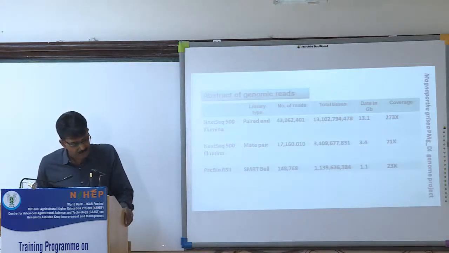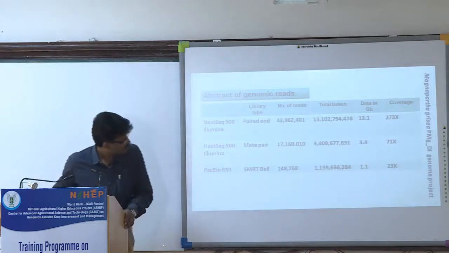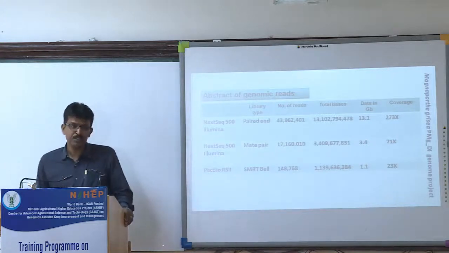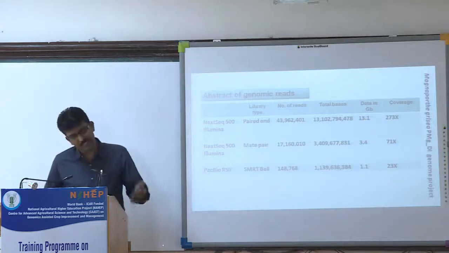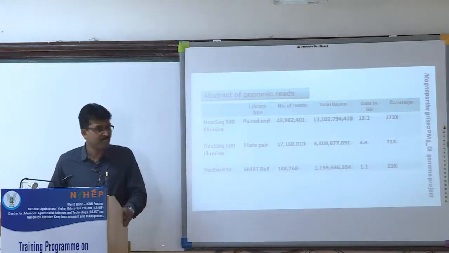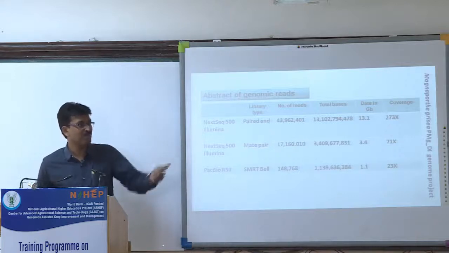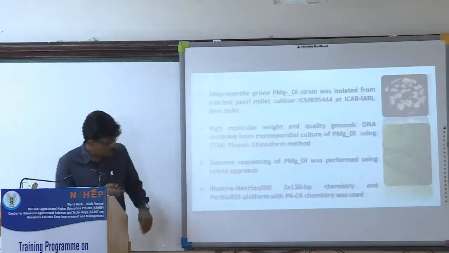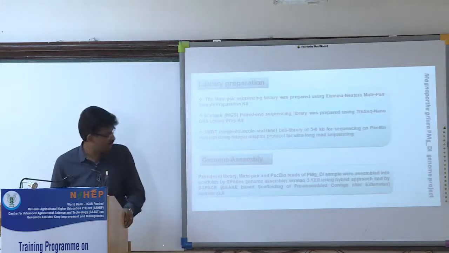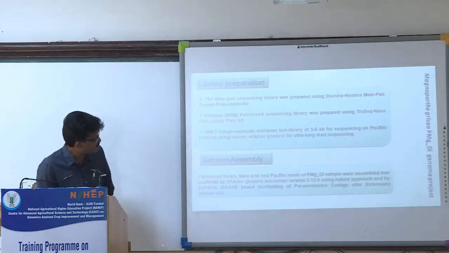This is the data sets we generated. There is a small intervention here. By the time we reached last year, the Illumina technology had also improved. If you remember the previous one, it was HiSeq, and here it is NextSeq.